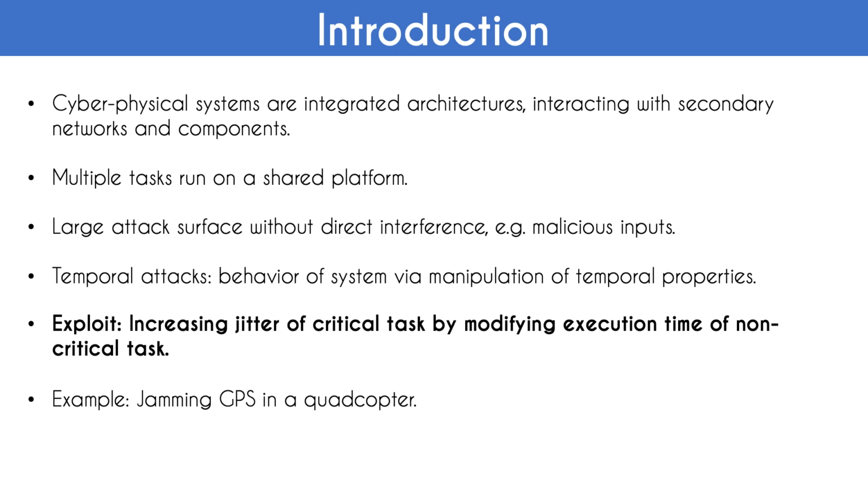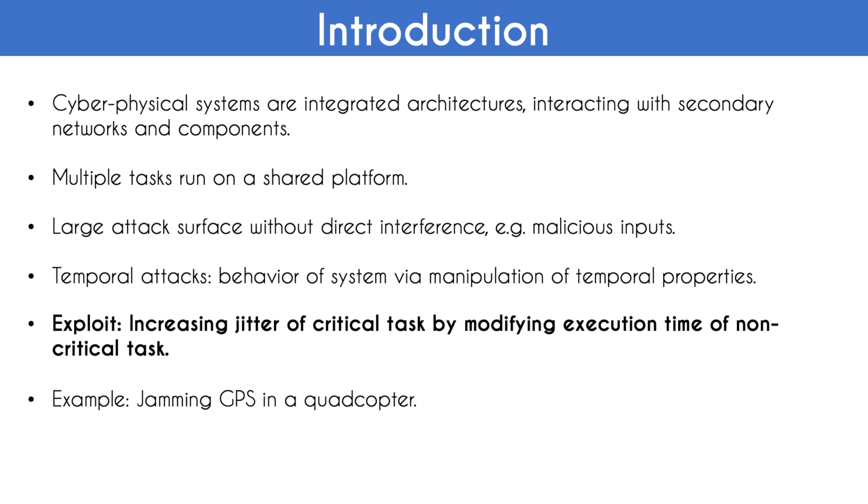So basically the notion here is, in order to save cost, the manufacturers tend to run multiple of these integrated systems and tasks on a shared platform. However, the weakness of this is that it opens up a large attack surface for the adversaries. For example, a particular adversary might jam a GPS signal, and in a way this might compromise the entire system.